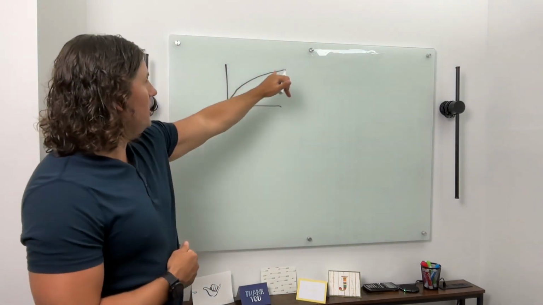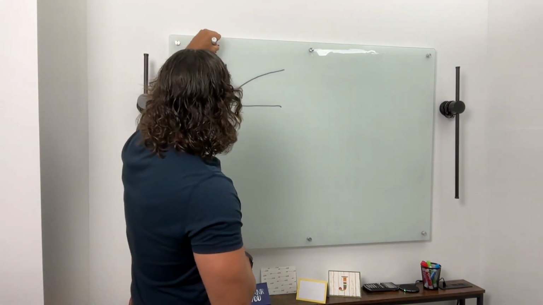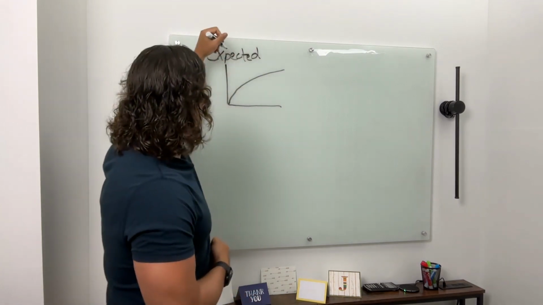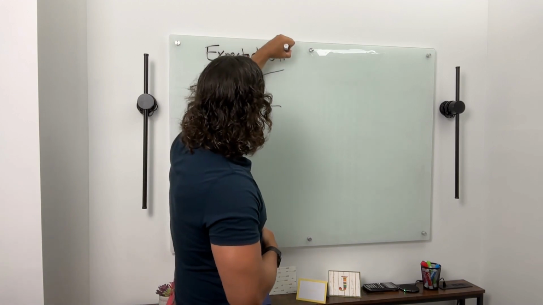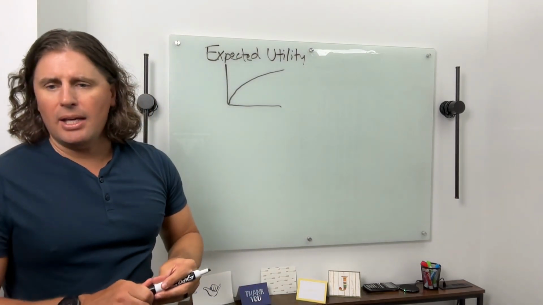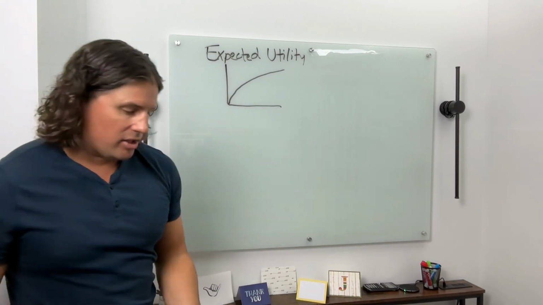So we have a function here. I am going to write out our now expected utility. So instead of EV, this is our EU for these functions.